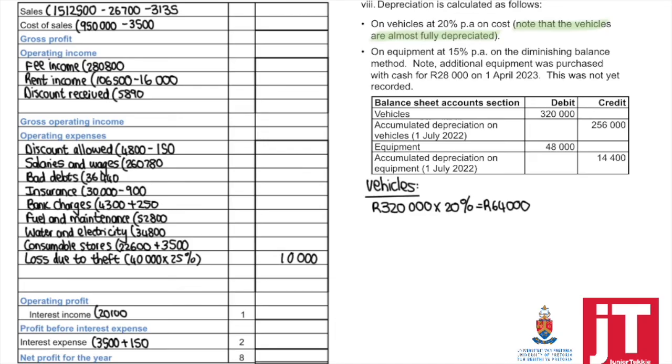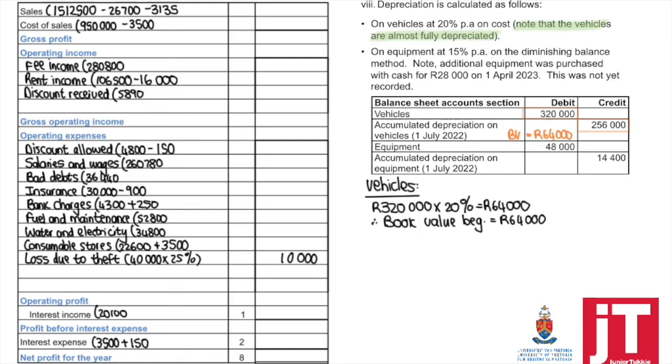Now, because they said it's almost fully depreciated, red lights should go off. If you calculate the book value by taking the cost minus the accumulated depreciation, it means that my book value is 64,000.